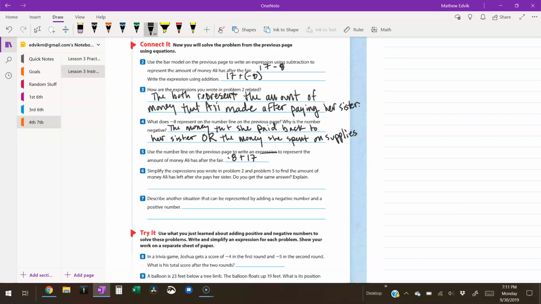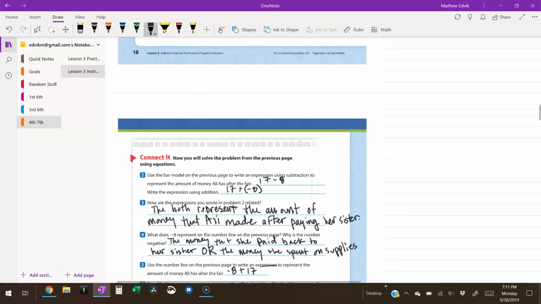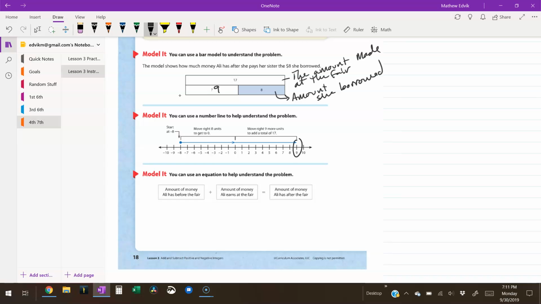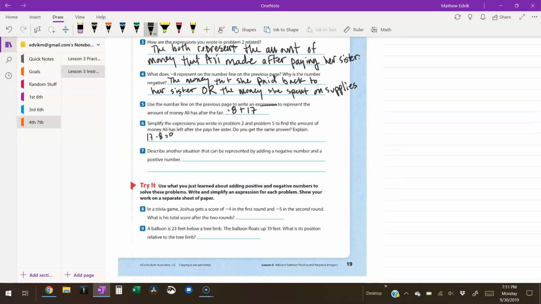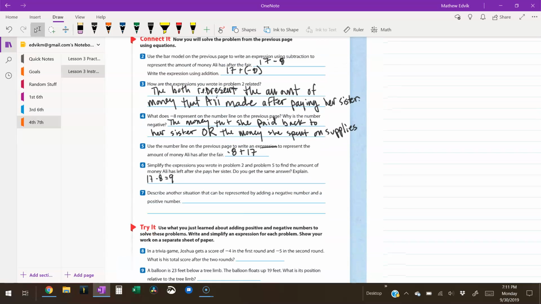So now we're going to simplify the expressions that we wrote in problems 2 and 5 to find the amount of money. So we'll say 17 minus 8 equals, and we already knew from up here that it equals 9. So 17 minus 8 equals 9. And then if we said 17 plus -8, we know that those equal the same thing. So that's 9.